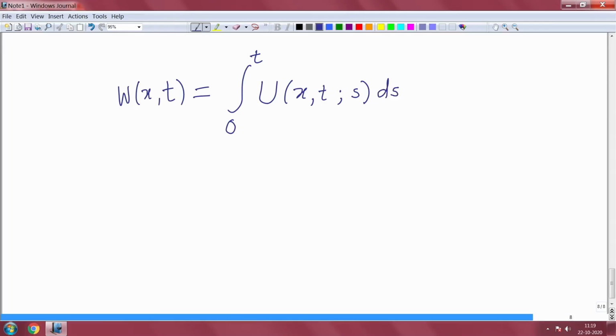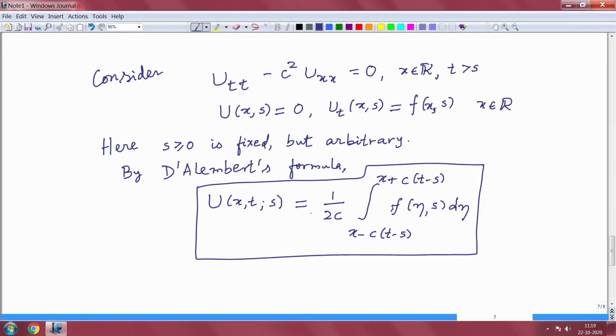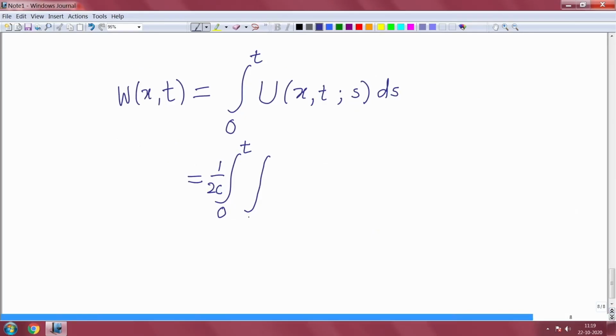So, using the formula for the capital U, we can write this as 0 to t, okay, and u is 1 by 2 c, that is a constant that comes out. And let me write what the formula is. So, just have a look there. This is u. Okay.